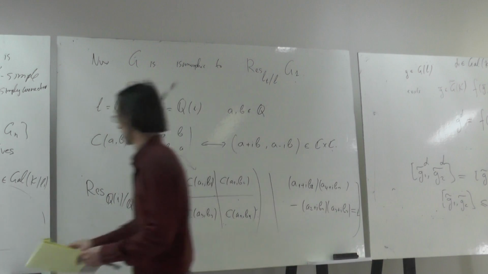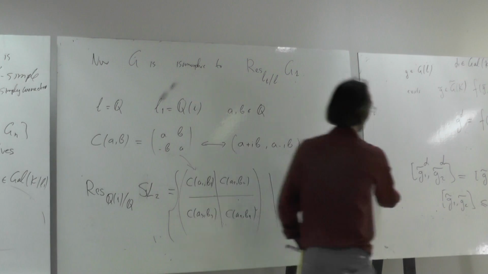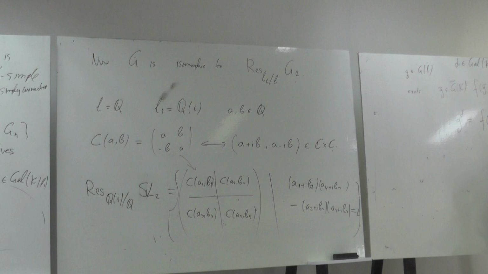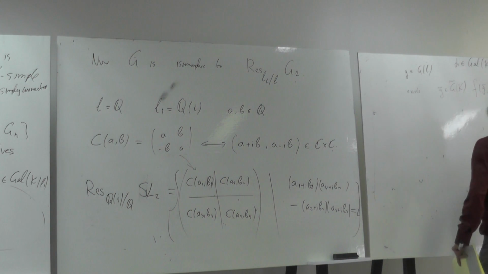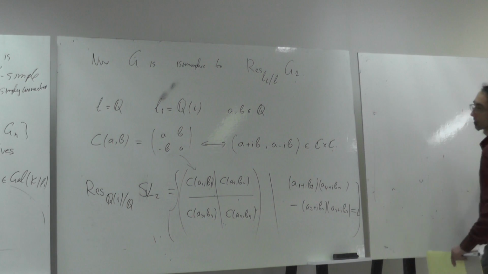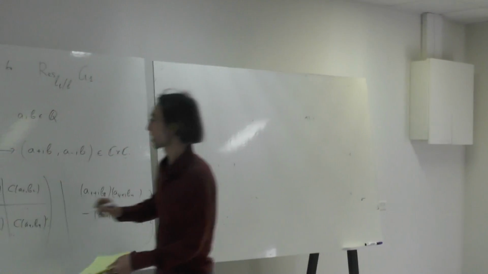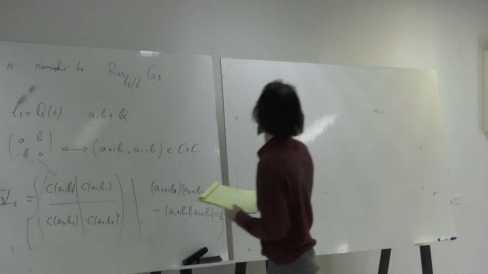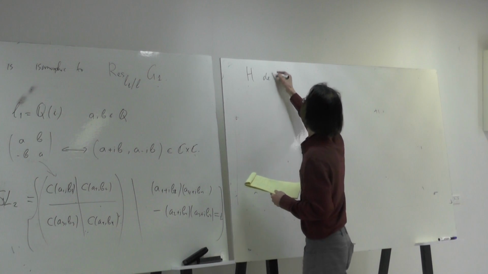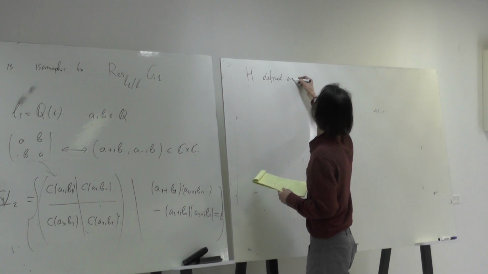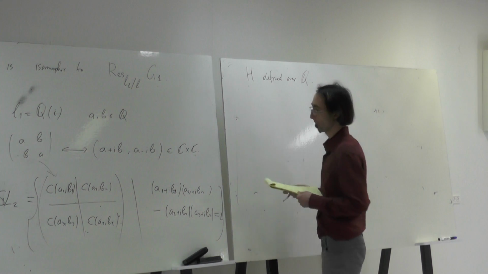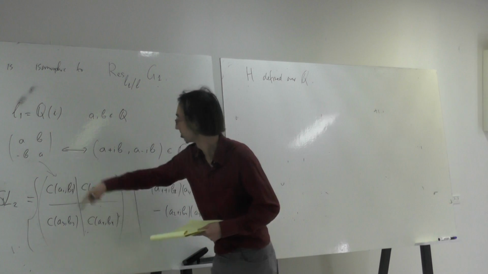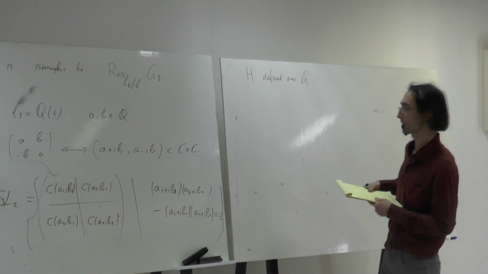Okay. And under this homomorphism, if I call this group H, H is defined over Q; all the equations here have rational coefficients.